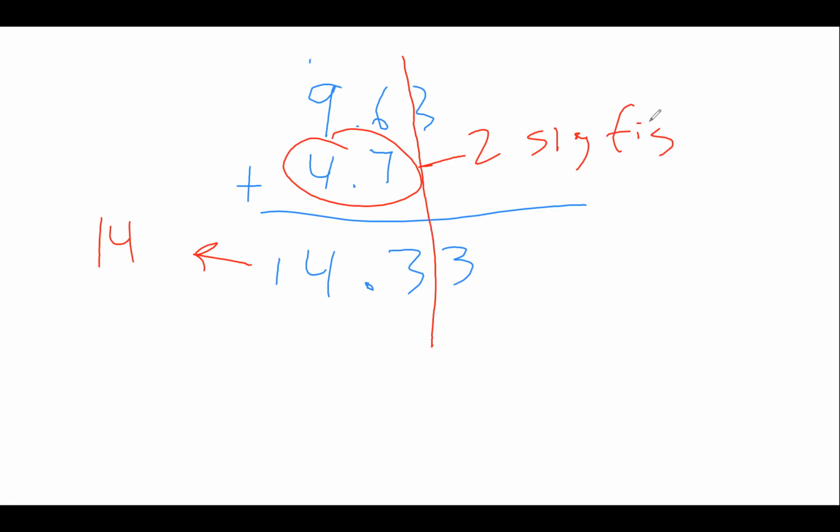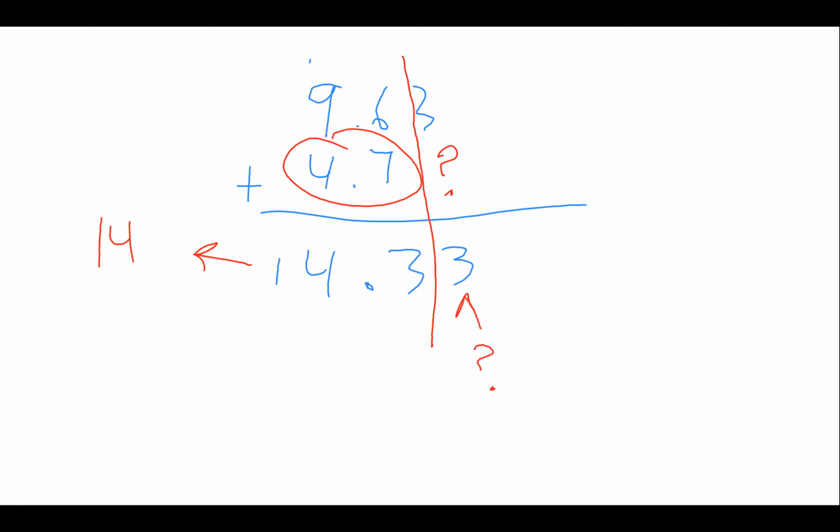So this number 4.7, okay, let me erase something here. All right. So this 4.7 number is actually 4.7 question mark. All right. So then the question is, what is 3 plus question mark? Well, the answer is not 3. The answer is actually question mark. All right.